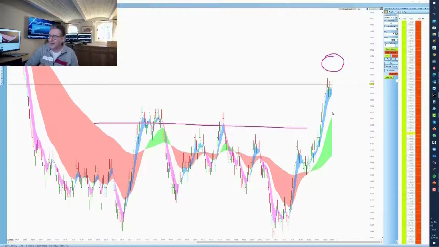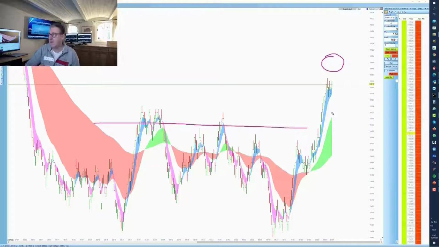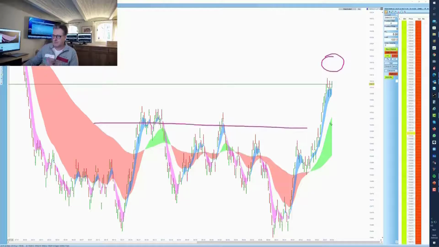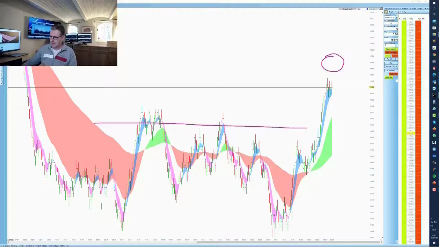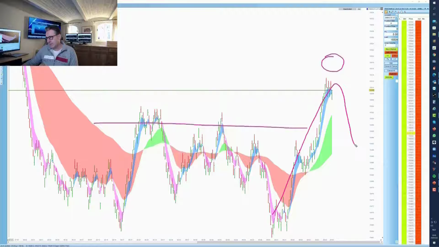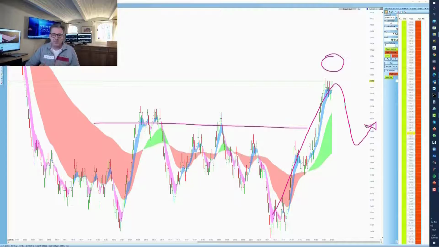Now, will I trade here? No, I will not trade there. Why? Because I need a better entry. And what would be a good entry? Remember, the move, correction, and then trying to find an entry here. That would be my first idea.